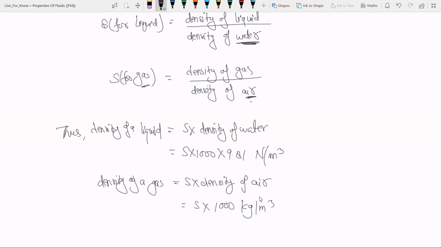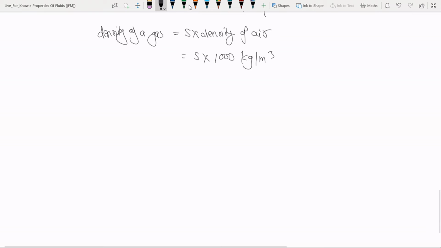So if the specific gravity of a fluid is known, then the density of the fluid will be equal to the specific gravity of the fluid multiplied by the density of water.